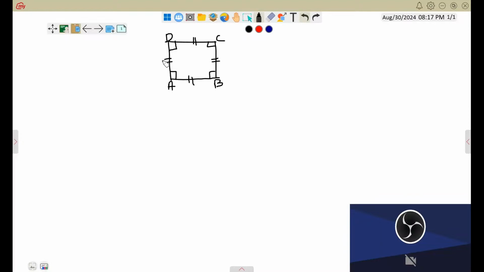It may be a square, it may be a parallelogram, and also it may be a rhombus. Understand? The three possibilities are rhombus, square, and parallelogram. Now I will tell why we selected these three.